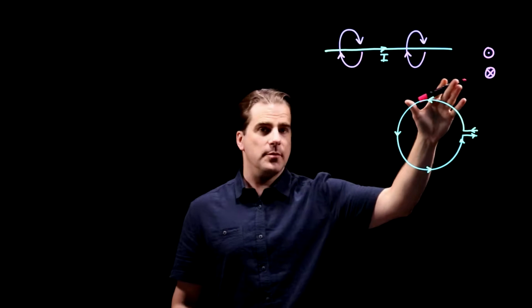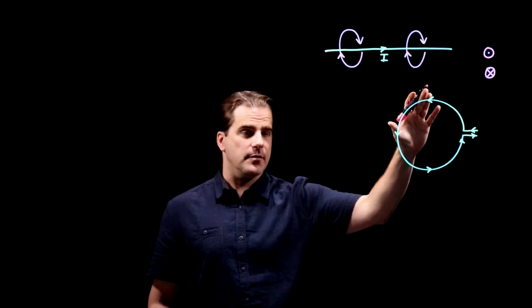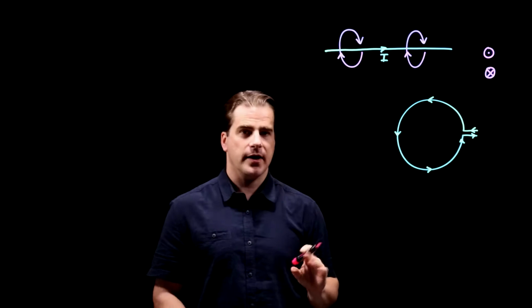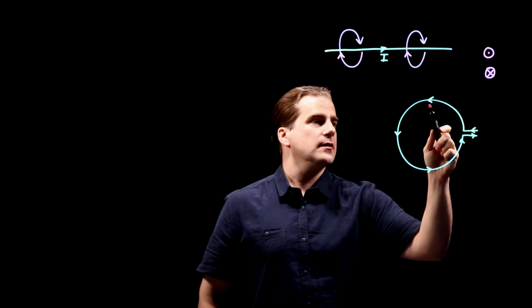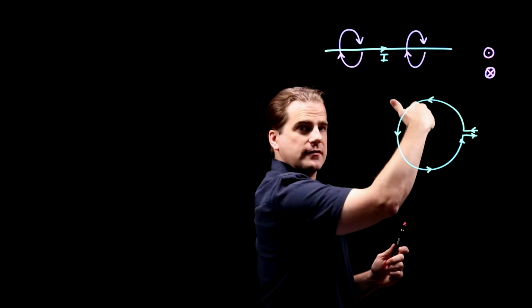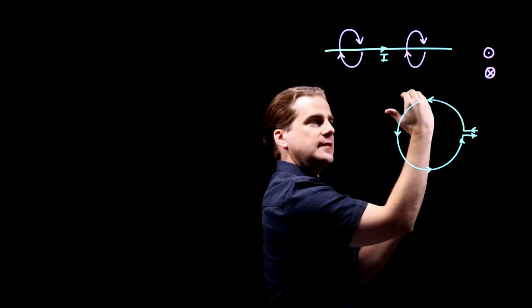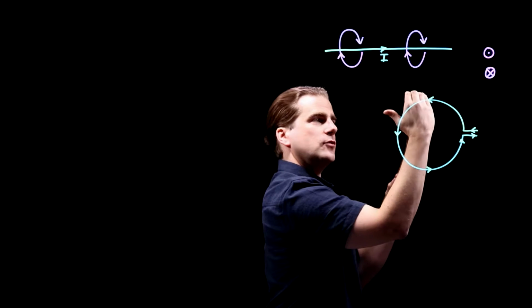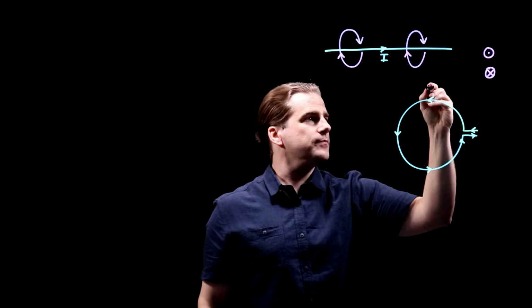This is common notation. If you haven't seen it before, then you need to remember it because it might come up in your exam. Okay, so right hand, let's look at the current here. It's going in that direction, which means the magnetic field is curling around like that. So that means it's coming towards me in this region here.